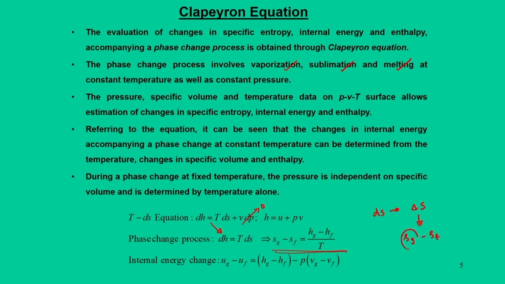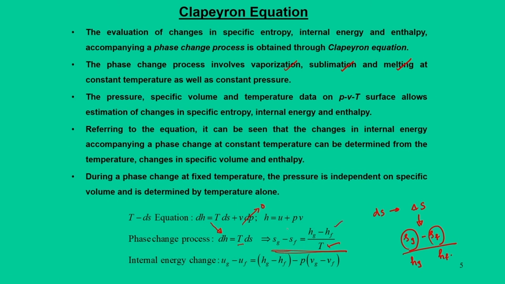Sg stands for specific entropy in the gas phase and Sf stands for specific entropy in the liquid phase, and the corresponding values of enthalpy would be Hg and Hf. And since the phase change process happens at a constant temperature T, T remains constant. So this expression helps us calculate entropy values from the enthalpy values.